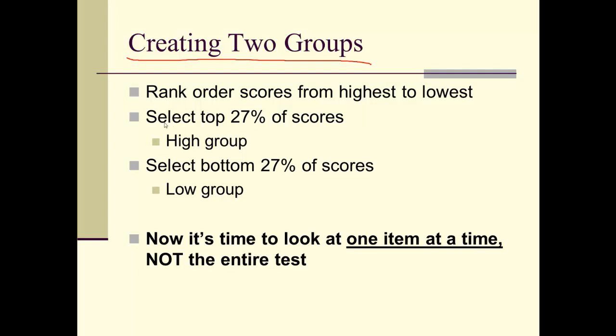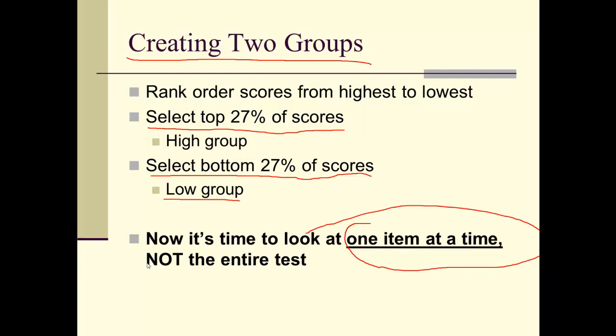And what we do is take about a quarter, or 27%, of the high side group, and then select about a quarter of those at the bottom. All right? Then we take a look at each one of the questions on the test, one at a time. Now, we don't look at the entire test. That's going to take a long time, especially if we got like 30, 40 questions.